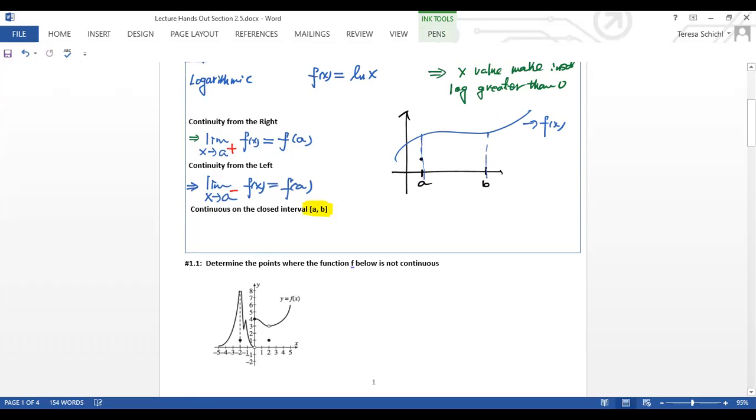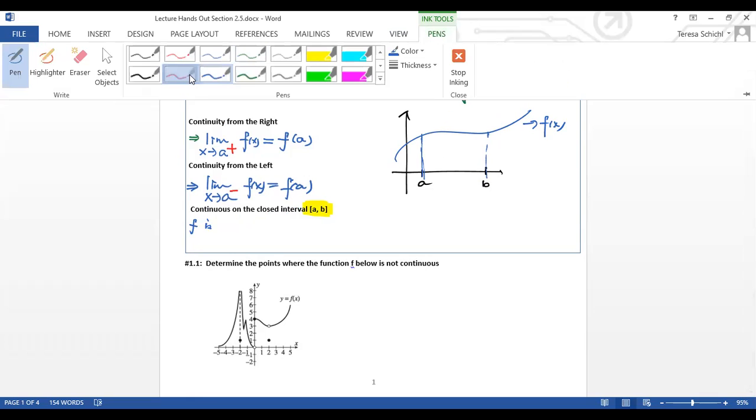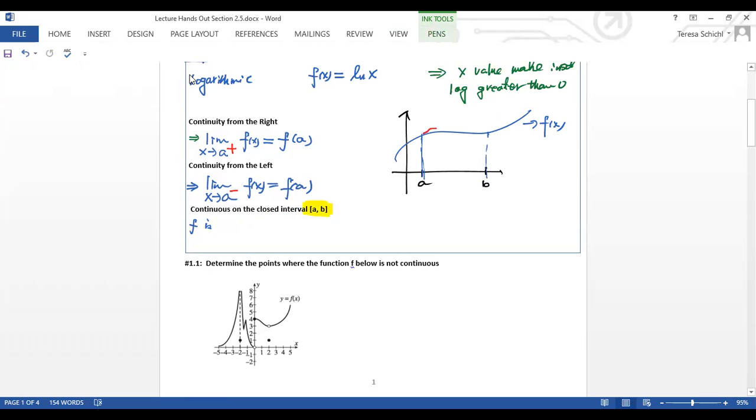If f is continuous on the closed interval, what is the condition? When you get closer to the boundary, this is approaching from the right, so we say f is right continuous at a.